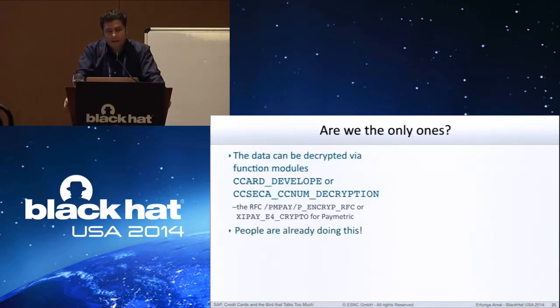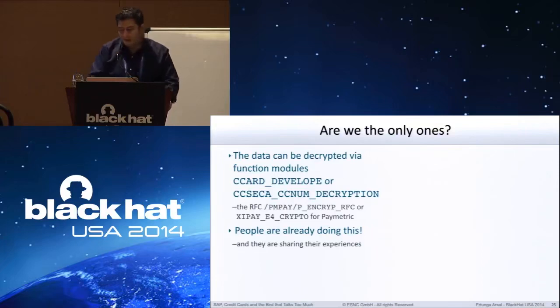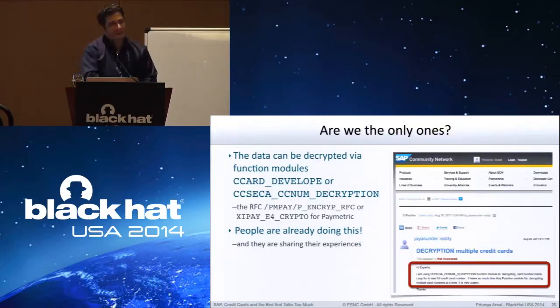And the interesting thing is we discovered a crime gang who is actually doing this. And they are sharing their experiences. So I don't know whether this is a crime gang or not, but this is what we found in the SAP Community Network, where the developers discuss their development problems.